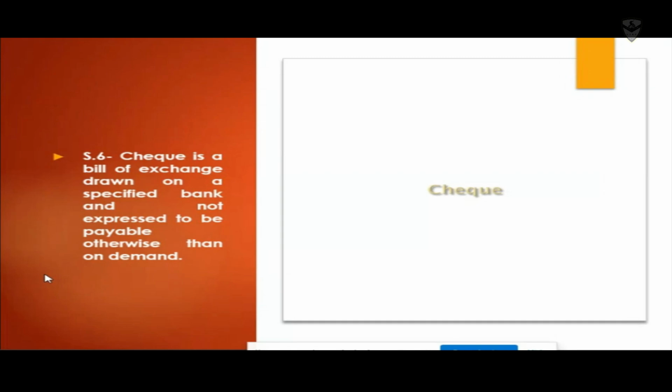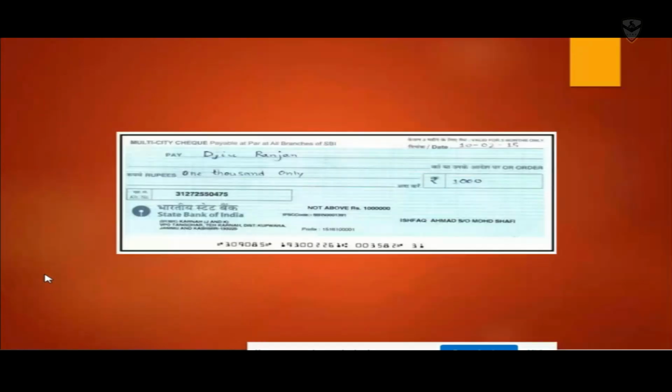So whenever the check is presented to the bank for collection, at that time the amount needs to be paid. When the check is presented only, you need to make the payment. If it's demanded, then payment has to be done.